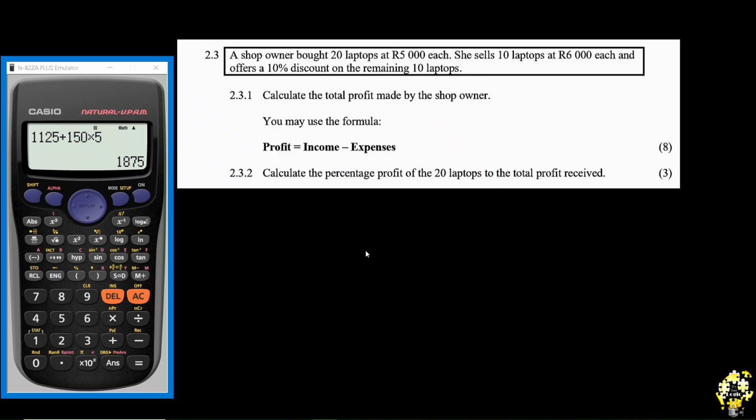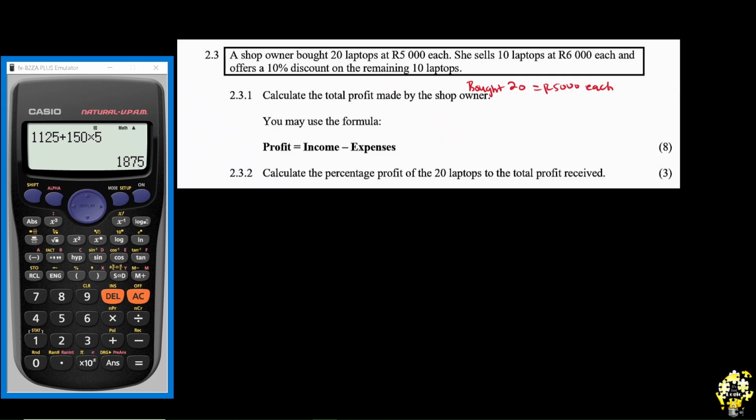A shop owner bought 20 laptops at 5,000 each. It's important to make notes here. If you have a lot of statements, just do this. So, bought 20, it was 5,000 each.